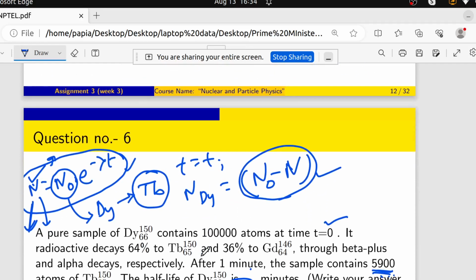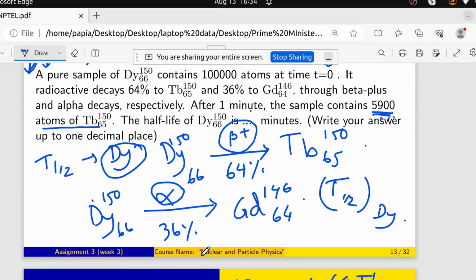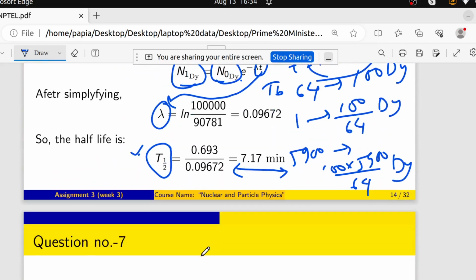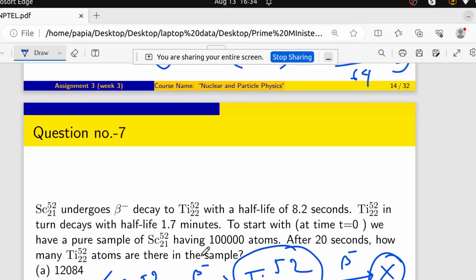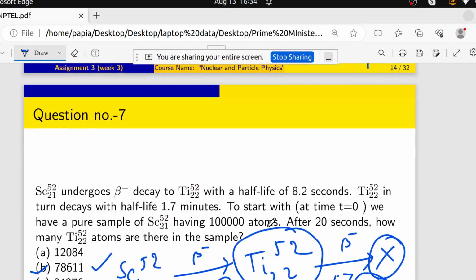Then this is the question about Dy going to Tb and Gd, 64% and 36%. Then after 1 minute the sample is 5900 atoms of Tb. Then what will be the half-life of Dy? So this is the answer. Then question number 7 is like that one.